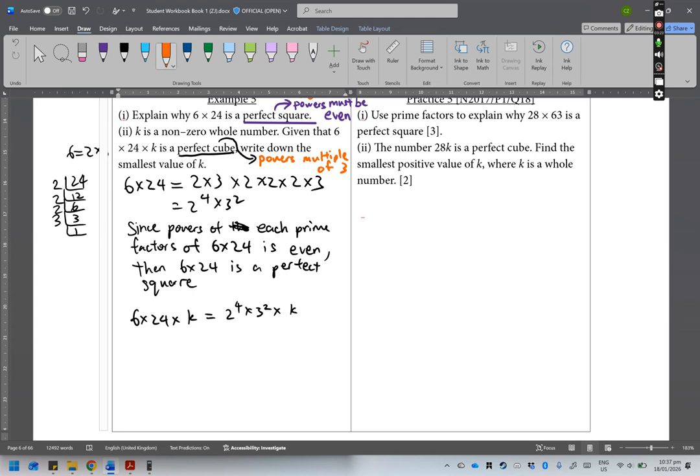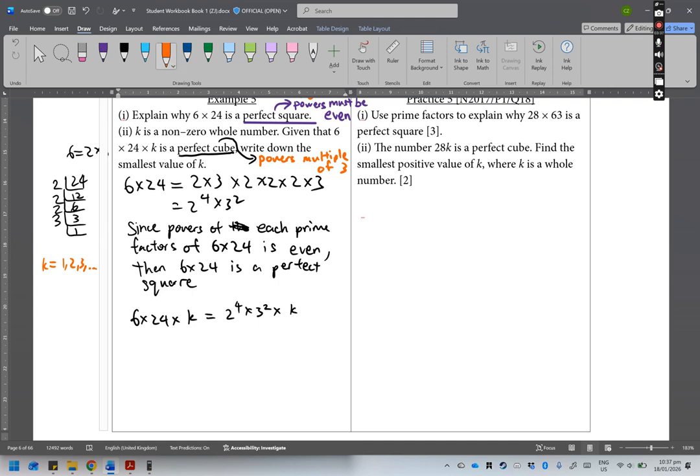If you are multiplying by k and k is a non-zero whole number, k could be 1, 2, 3, and so on. But we don't know what k is.